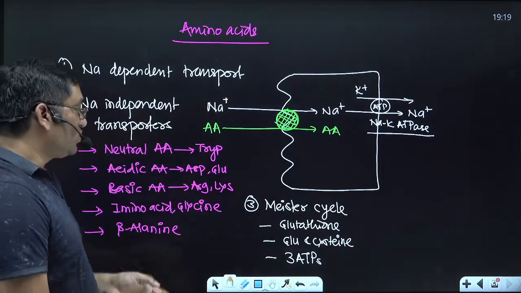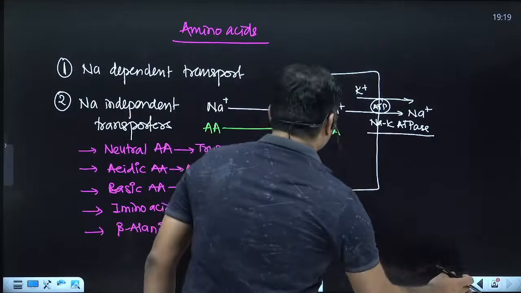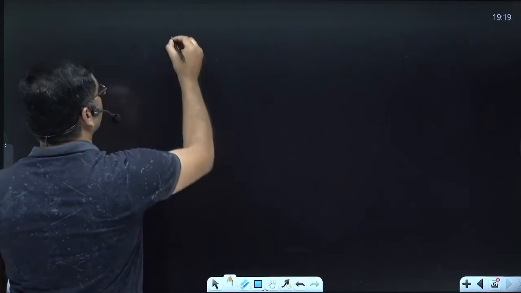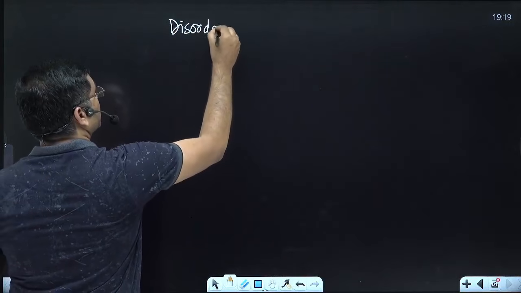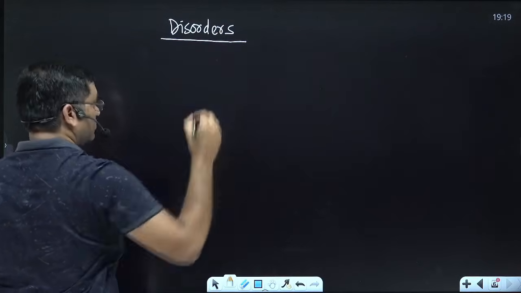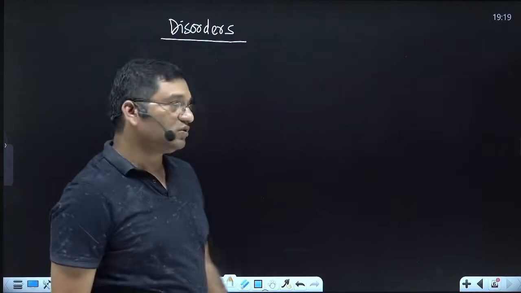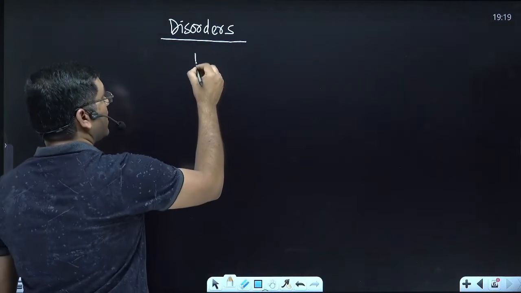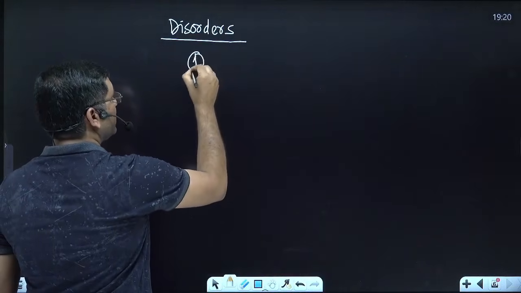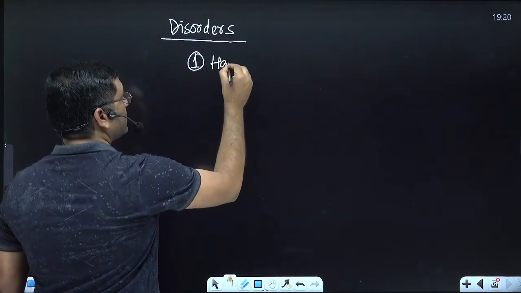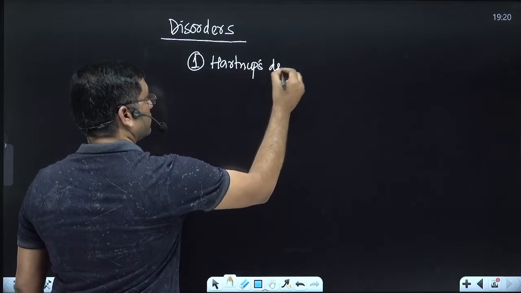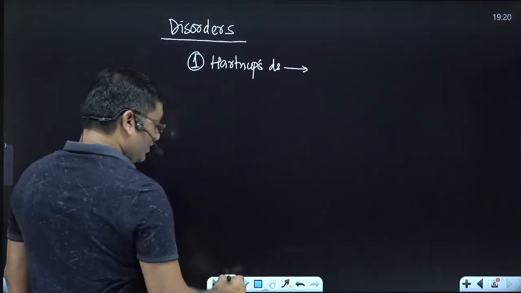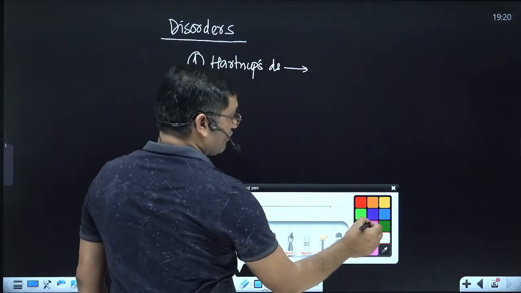Okay, now coming to the disorders in digestion and absorption. We'll just enumerate them. The first one is Hartnup's disease, which is very important.